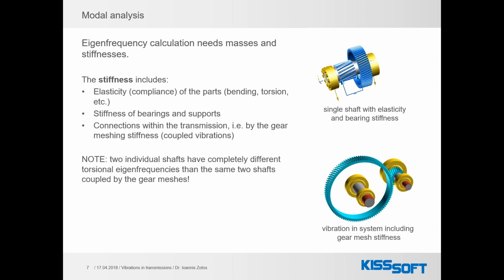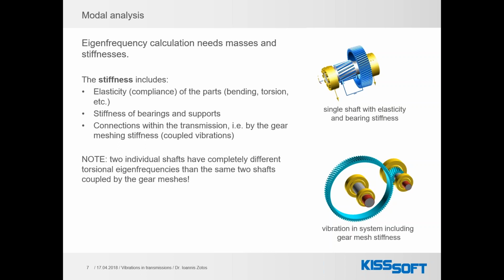Stiffness includes elasticity of all parts: bending stiffness, torsion stiffness, axial stiffness of the shafts themselves. It also includes stiffness of the bearings and supports, be it rolling element bearings or sliding bearings. And this part is quite demanding computationally, so we get the correct stiffness value there.